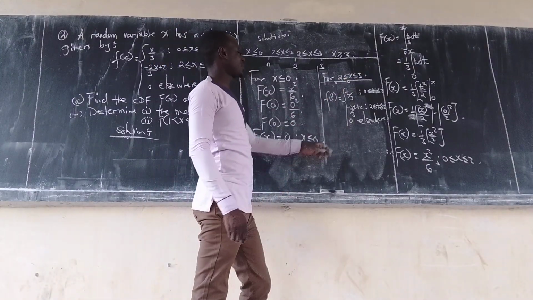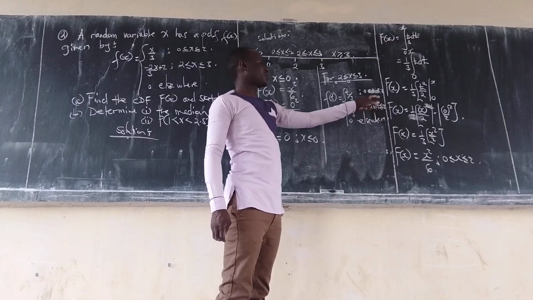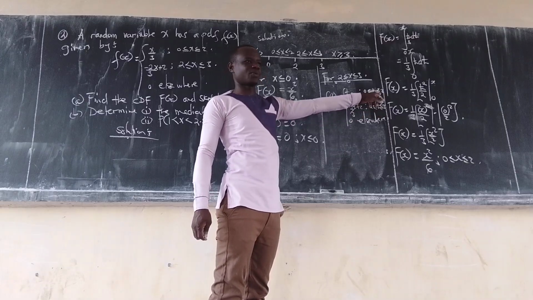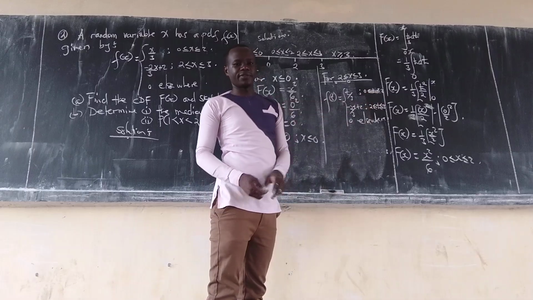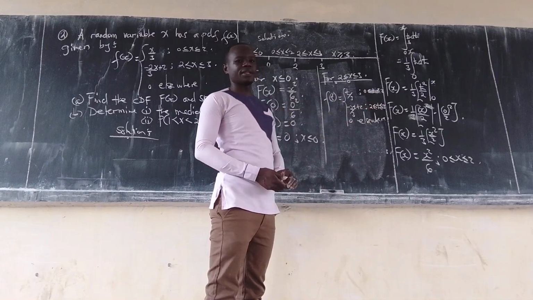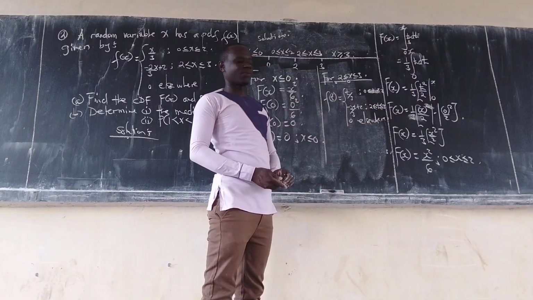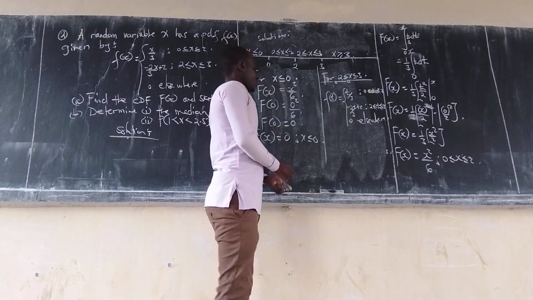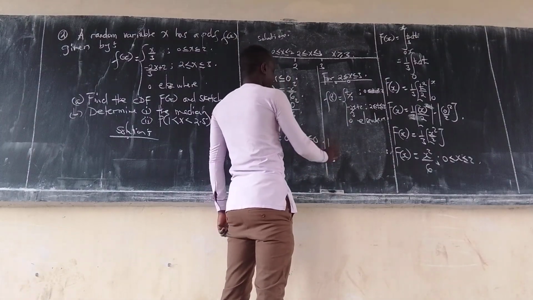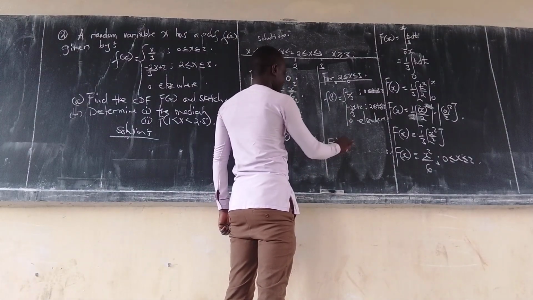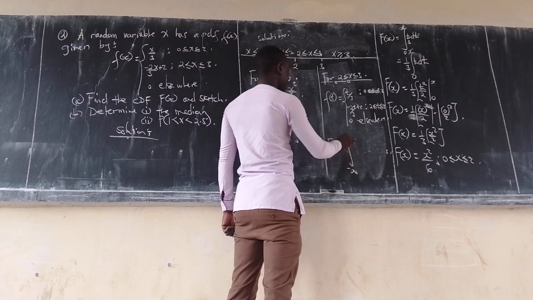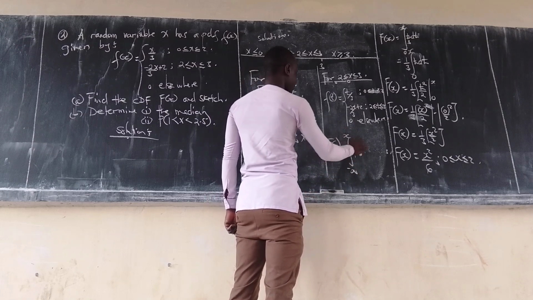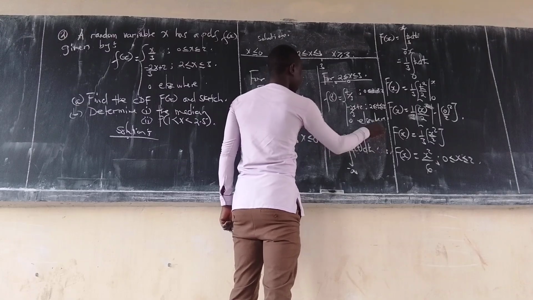But you realize that you cannot get this interval unless you have passed through the first one. You can't get the second one unless you go through the first one, because we are dealing with continuous random variables. So our capital F of x, we say it is given by the integral from negative infinity to x of f of t dt.